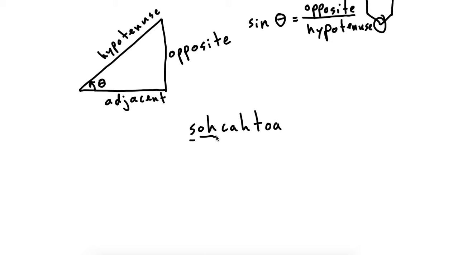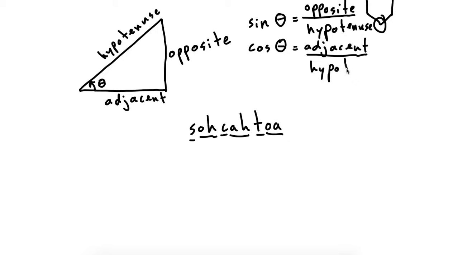Sine is opposite over hypotenuse, cos adjacent over hypotenuse, tan opposite over adjacent. So the cosine, abbreviated cos, COS, theta equals adjacent over hypotenuse. And the tangent, abbreviated tan, is opposite over adjacent.